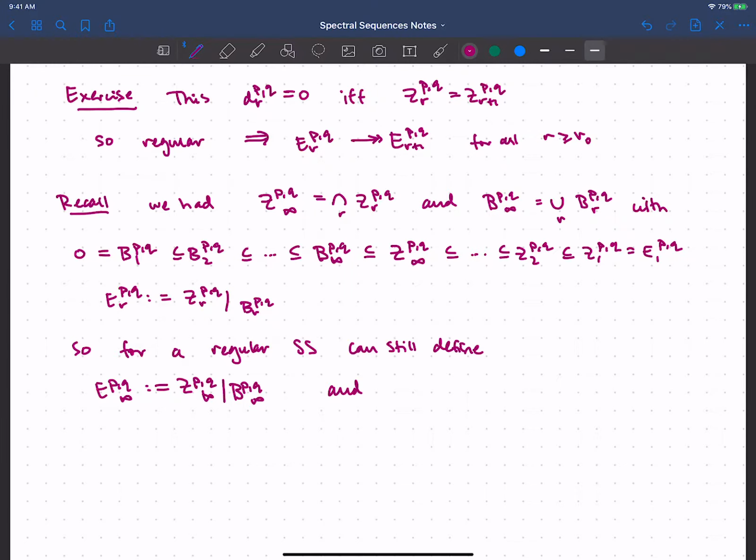And the whole point is that when we're regular, well, we've just seen the Z's stabilize, so Z_infinity^{p,q} is really Z_r^{p,q} for all large r. Okay, and so anyway, we have kind of a better understanding of this E_infinity term, but it's not something that has stabilized at some finite stage. We still have to mod out by B_infinity, and B_infinity could really mean that we need to just take the union of all of these things, right?